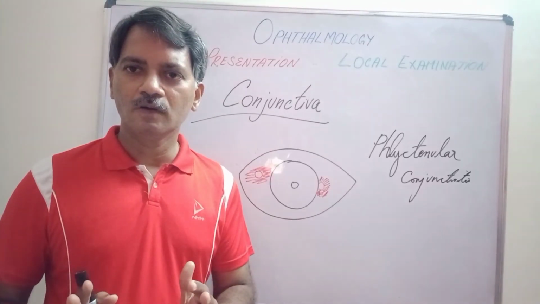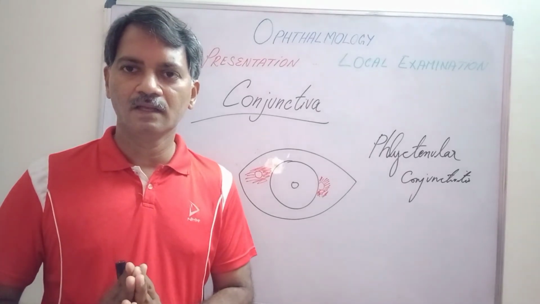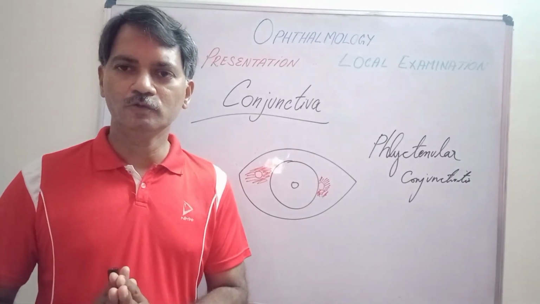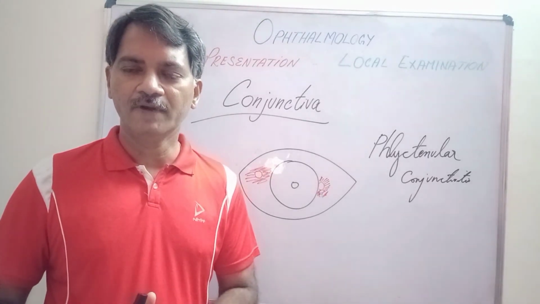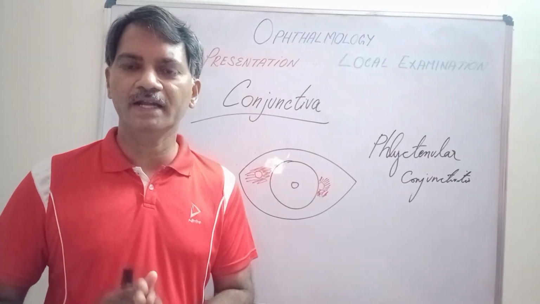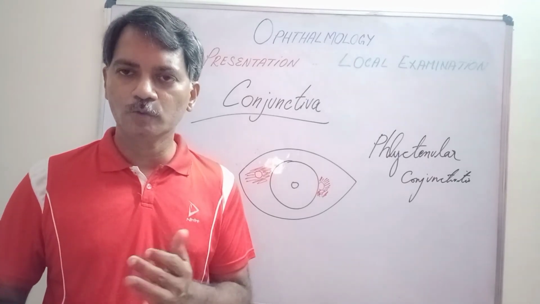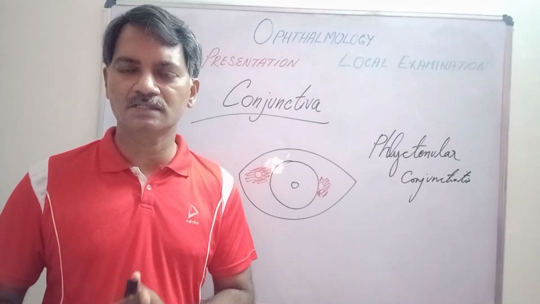Even though phlyctenular conjunctivitis is very rare, everyone should be able to identify it if you come across a case. Phlyctenular conjunctivitis is an allergic reaction to endogenous proteins like tubercular protein, staphylococcus, streptococcus and parasites.